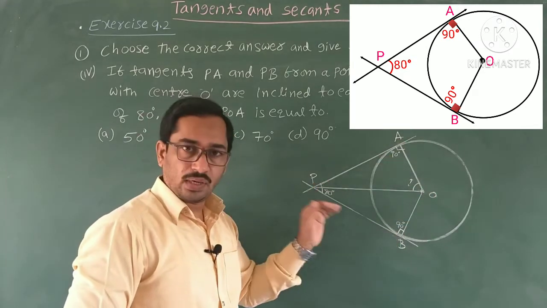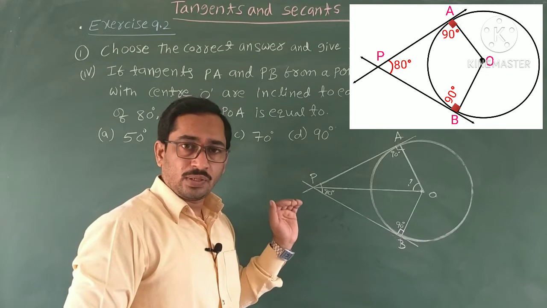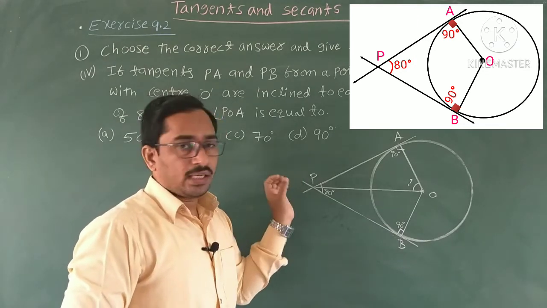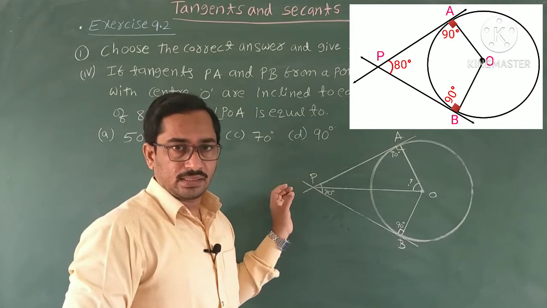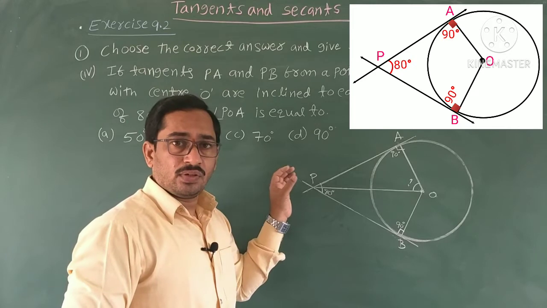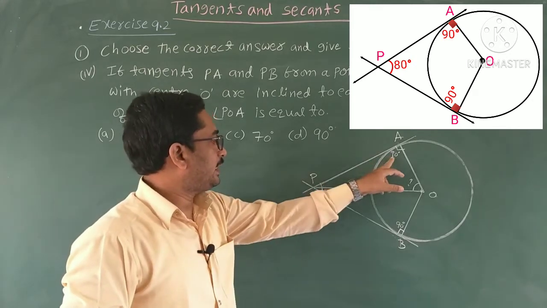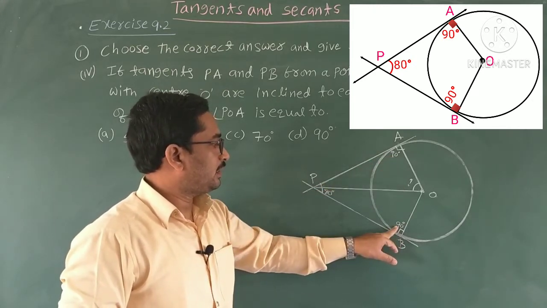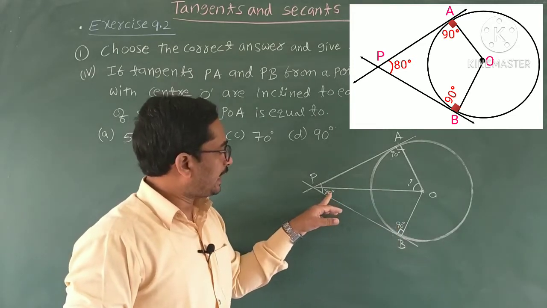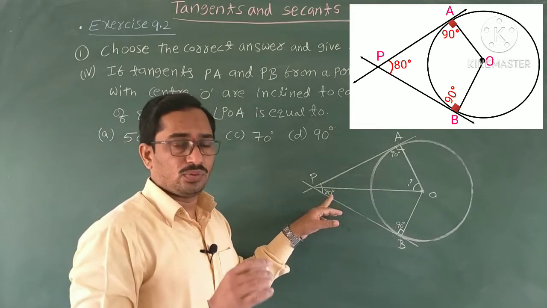From the angle sum property, the sum of the angles in any quadrilateral is equal to 360 degrees. Here 90 plus 90 is 180 degrees, 180 plus 80 is 260.